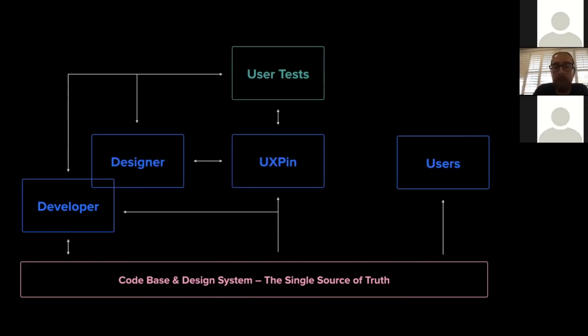And any changes of the code base close the loop, because if something changed in components in your design system, UXPin gets automatically updated, designers have access to the newest thing, and they can move forwards. So it's one unified software development process instead of separated, siloed design and development processes and handing off assets that are not reusable across the process.